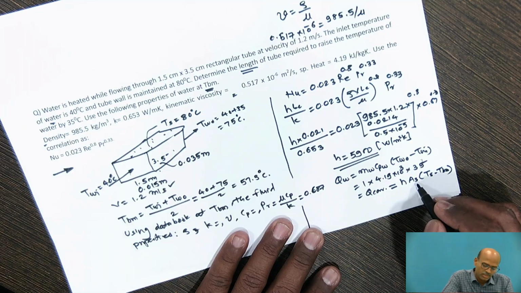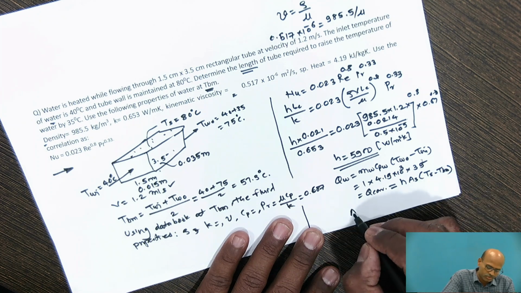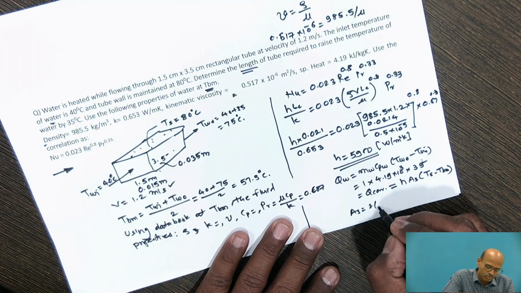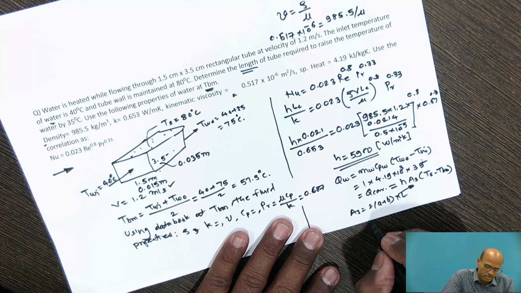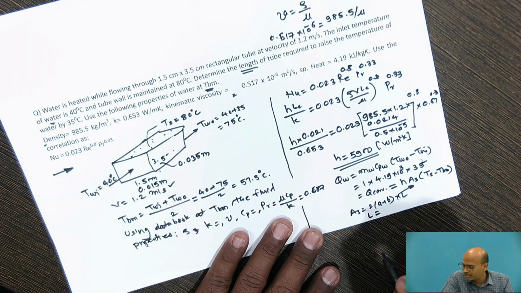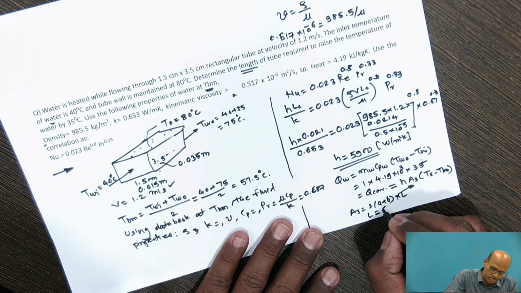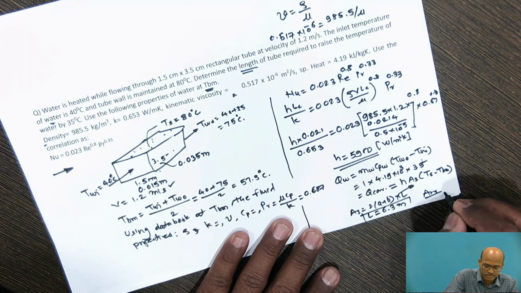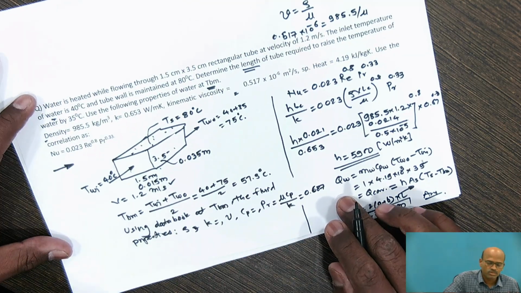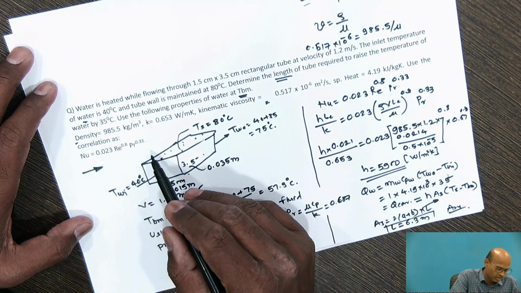Now here cross sectional area, surface area is its perimeter. So surface area is equal to 2 times A plus B into L. You substitute here, you will get the L as 6.3 meter.